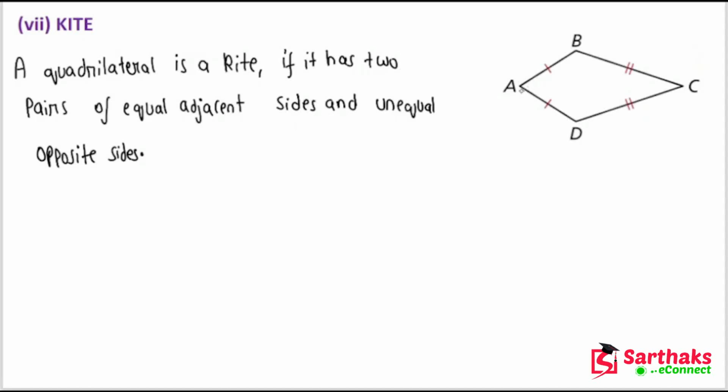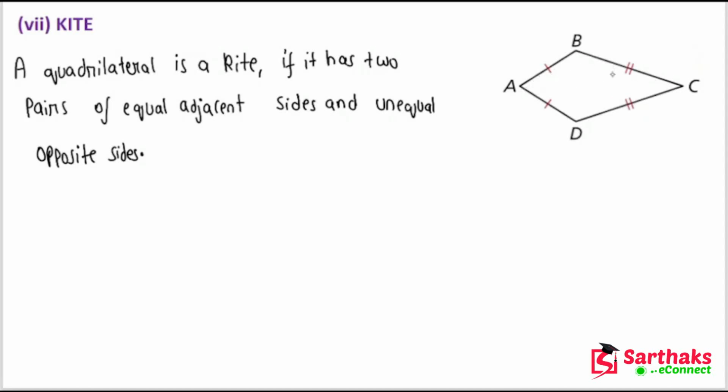Let me see. The one pair is AB and AD, obviously they are equal in length, and the other pair is BC and CD. So this condition is satisfied, that two pairs of adjacent sides should be equal. AB and AD are adjacent. Similarly, BC and CD are adjacent. And it also says that there should be two pairs of unequal opposite sides. Now AD and BC are opposite to each other, and obviously they are unequal.